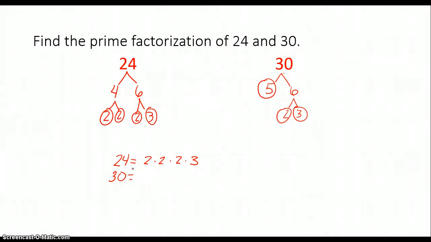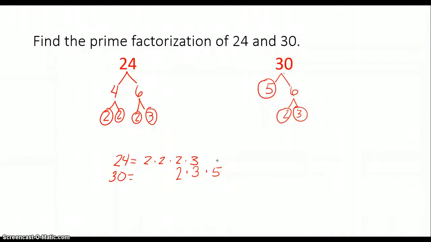I'm going to write it so that the factors that are common to both 24 and 30 are right underneath each other. So I have a 2, a 3, and I'm putting this 5 over here just because it doesn't have a partner. I don't have to do that. I'm just choosing to do that so that I can see what 24 and 30 have in common.